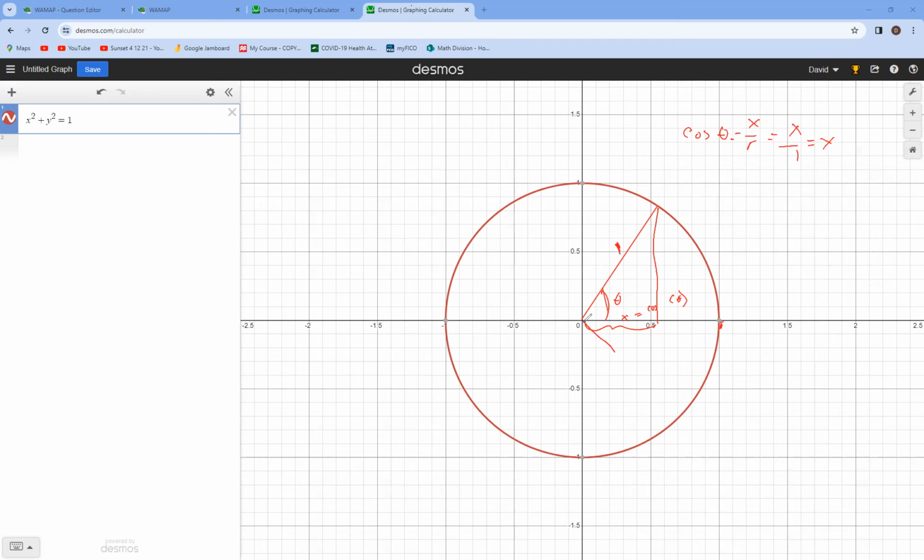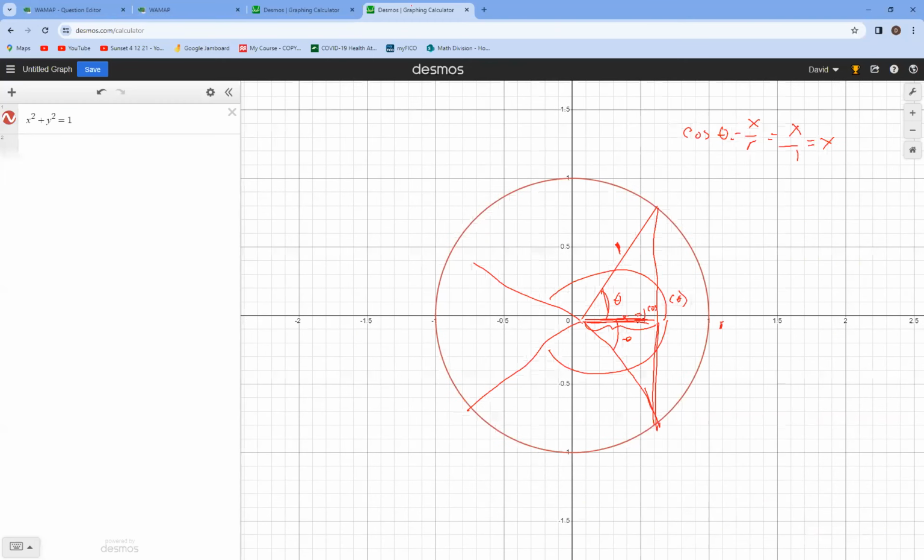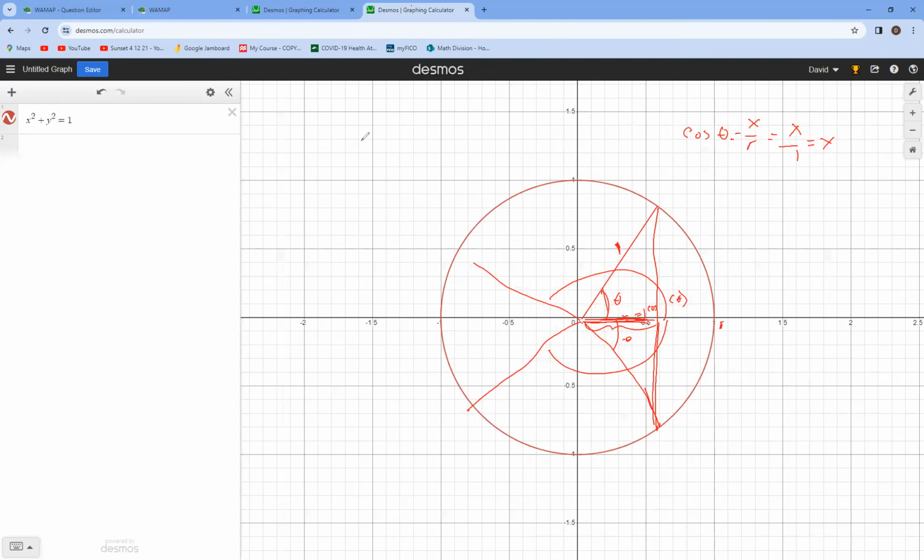But if you take the same angle but go in the opposite direction, if I went to minus theta out here to the curve, my lines aren't turning out very straight, but I hope you're realizing that it's the exact same value, that the x-coordinate is going to be the same, whether you go clockwise or counterclockwise. If you go to some angle around over here versus going to that same angle the other direction, the x-coordinate is going to be the same in both of those cases.